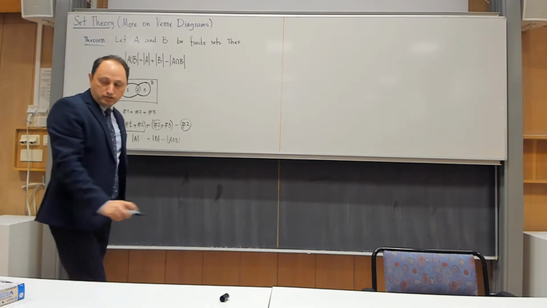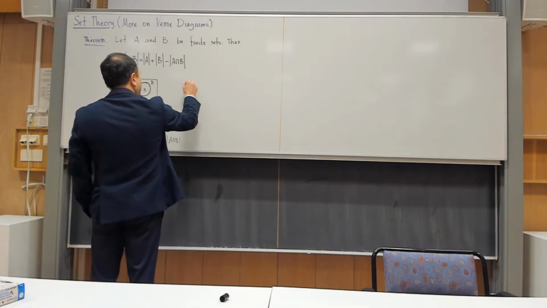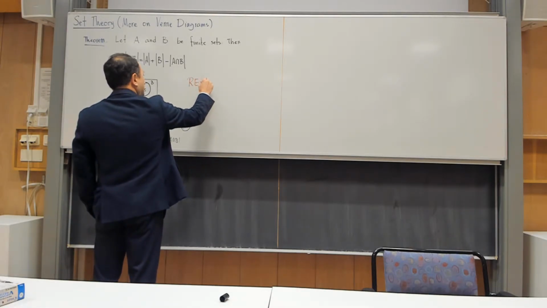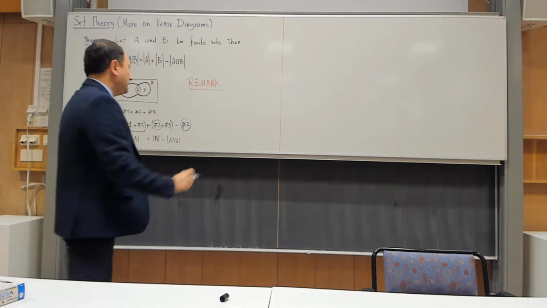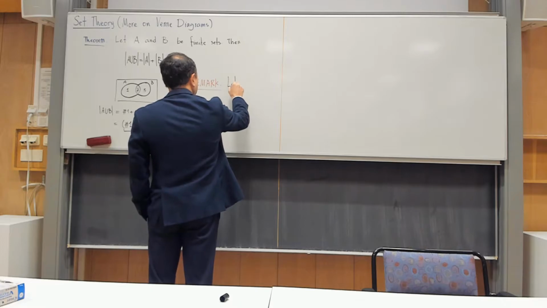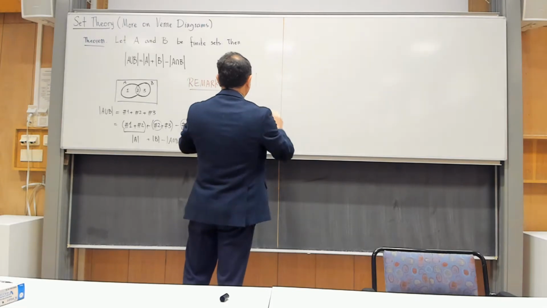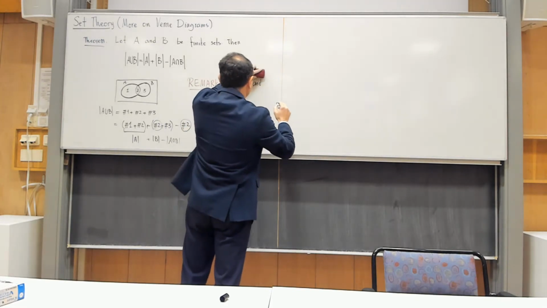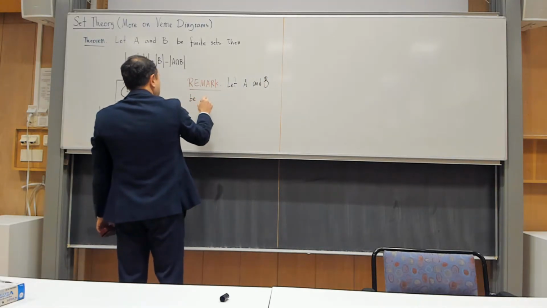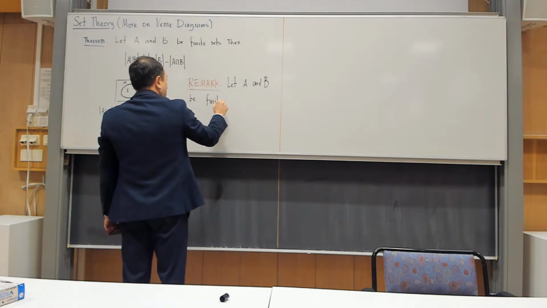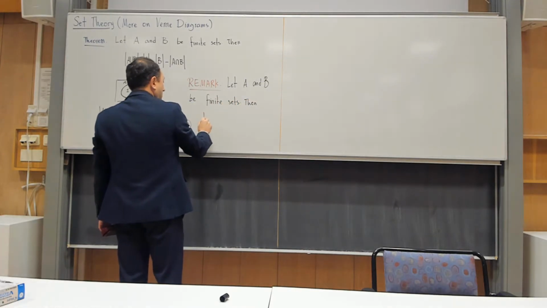So let me just write a remark here. Of course, this is very, very intuitively clear, but let me just write it down. Let A and B be finite sets. Then, okay, so what can you say about this?